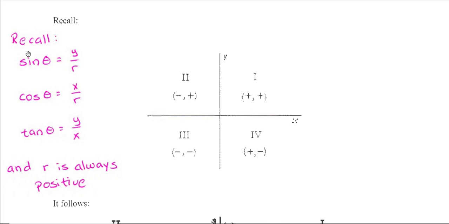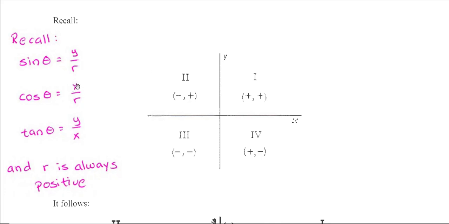So looking just at sine, cosine, and tangent, I'm going to ignore their reciprocals for now. Let's just look at quadrant 2. The x value is negative and r is always positive, and the y value is positive and r is always positive. So for y over r, you get a positive over a positive, so the sine is going to be positive.